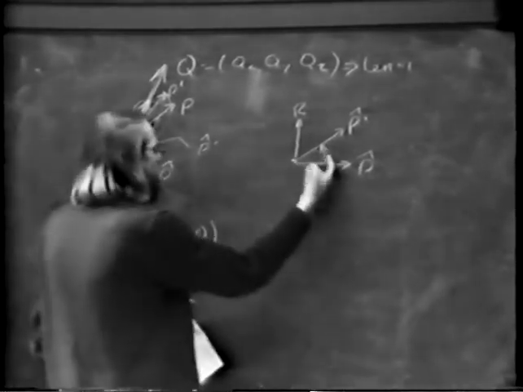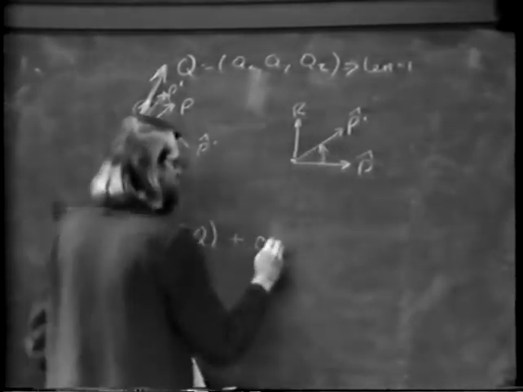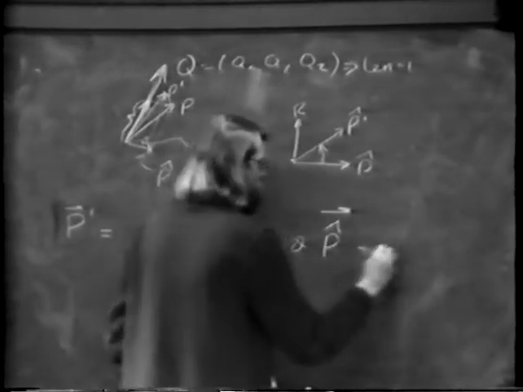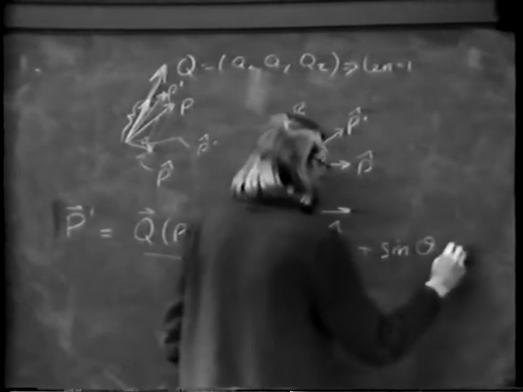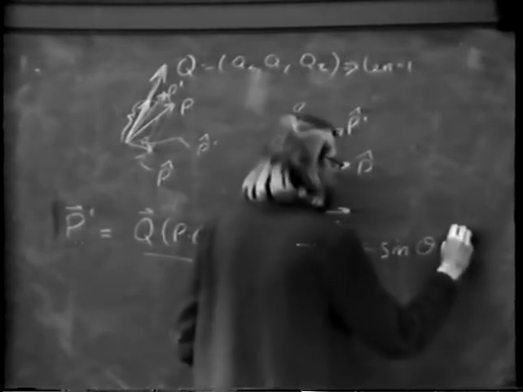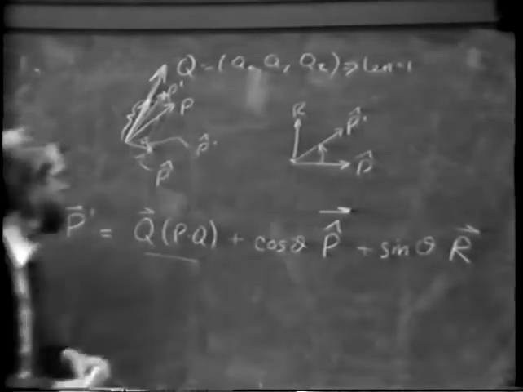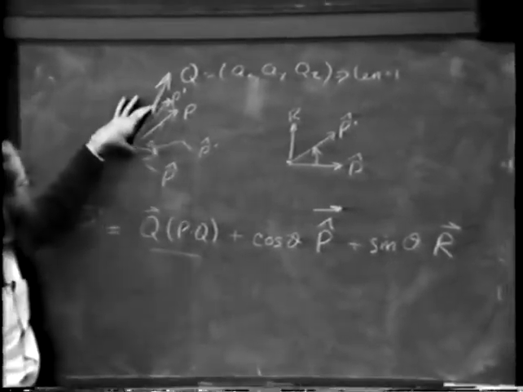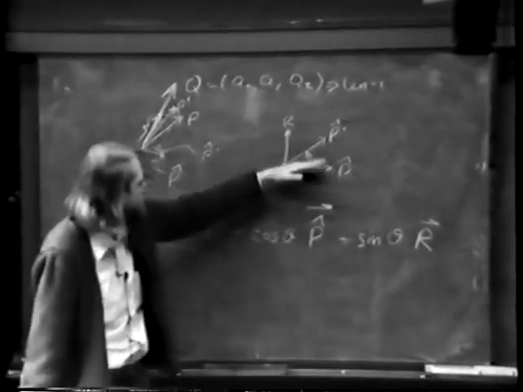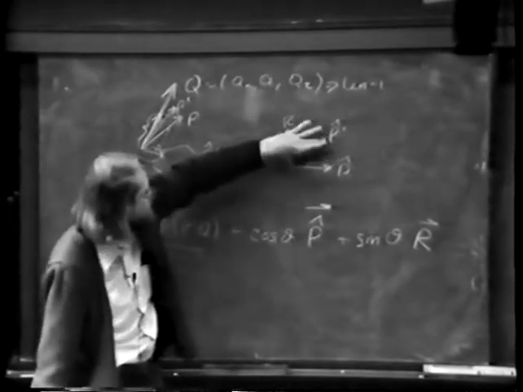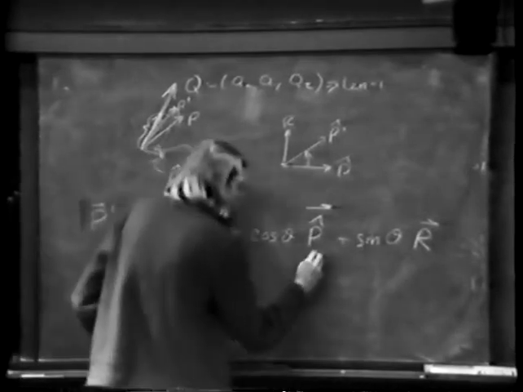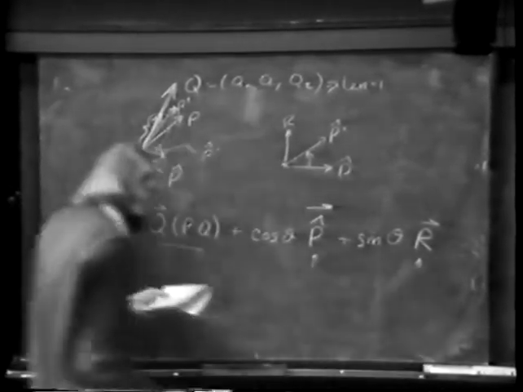And so the other two components of this thing are that. So this is the whole expression for P prime. This thing here is projection onto Q. These two components are the sine and the cosine of the amount that this thing is rotating around here. Okay. We still need to know what that and what that are.